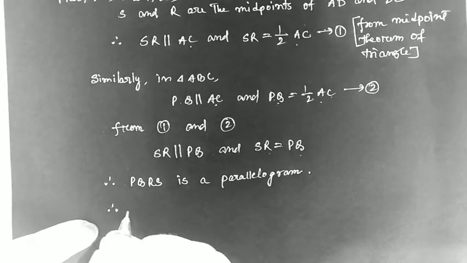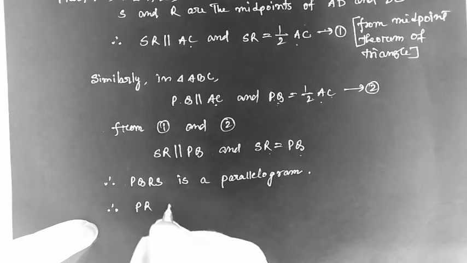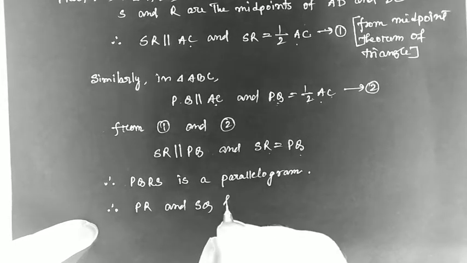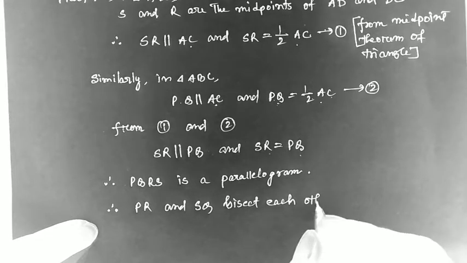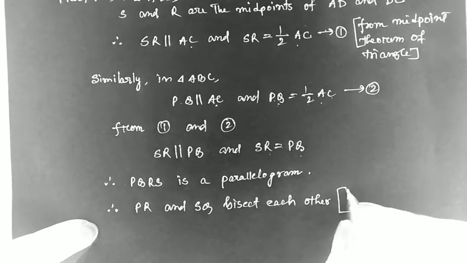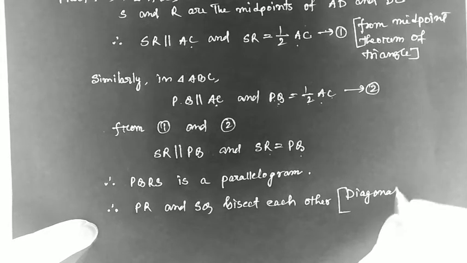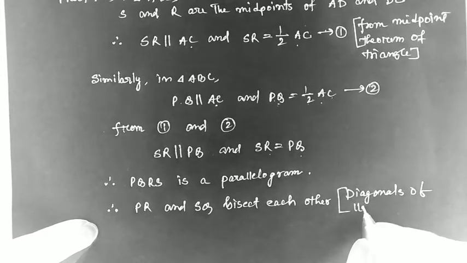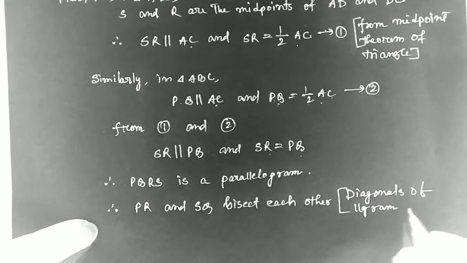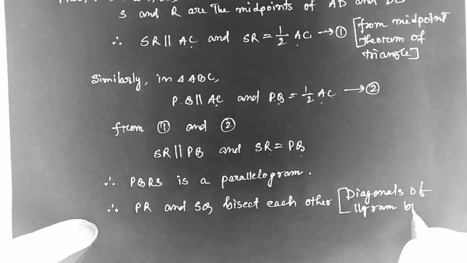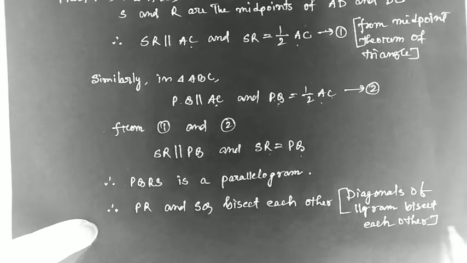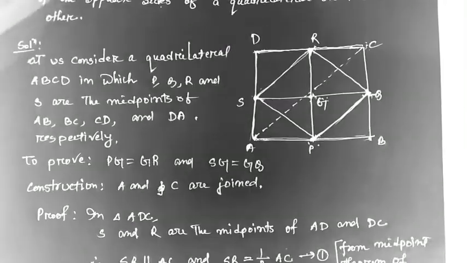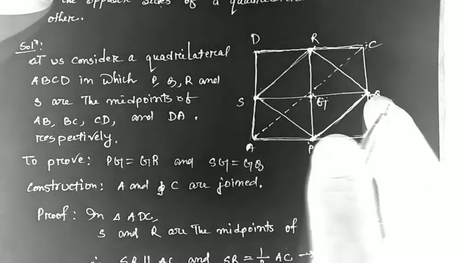Therefore we write: PR and SQ bisect each other. Why? Because diagonals of a parallelogram bisect each other.